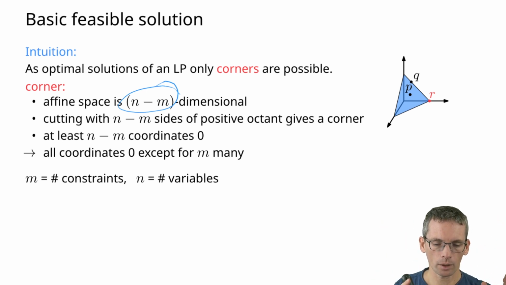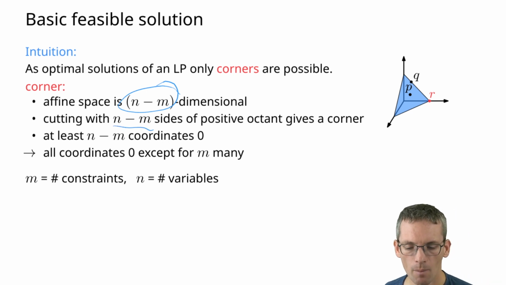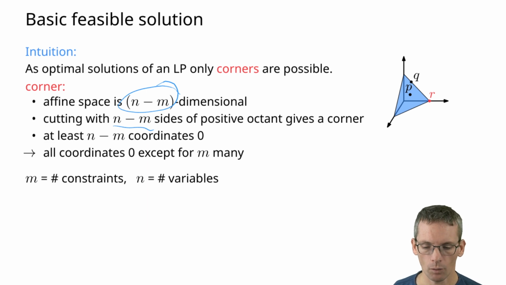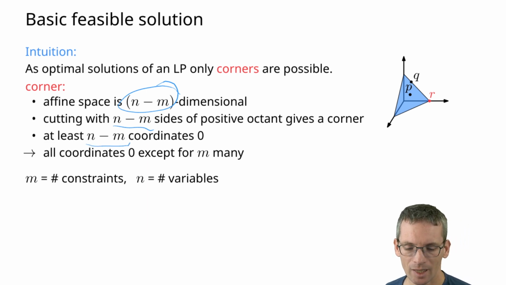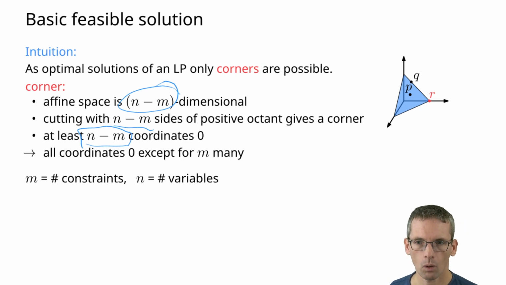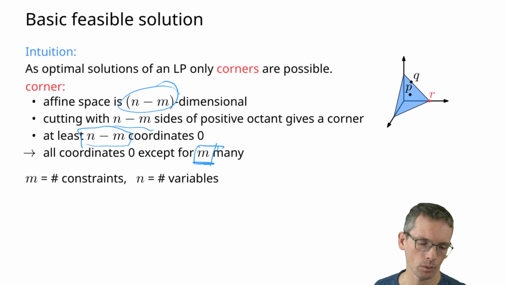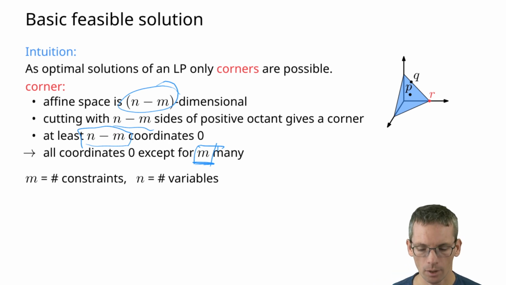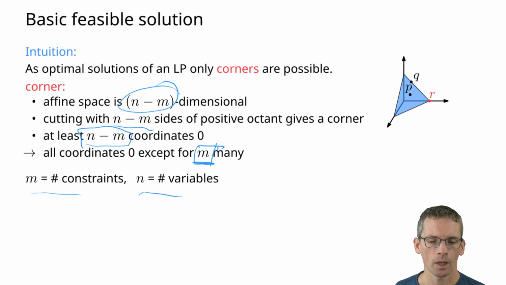And to get a corner, we will have to intersect the affine space with n minus m of the sides of this positive octant, which means that we have at least n minus m coordinates that are actually 0, or stated differently, all coordinates except for m are 0. So in my example here, for a corner, at most one of the coordinates is non-zero. And this is in the setting again where we have m constraints and n variables.